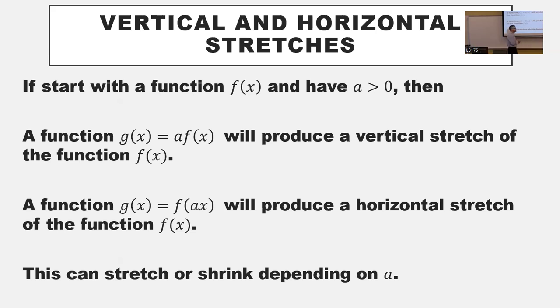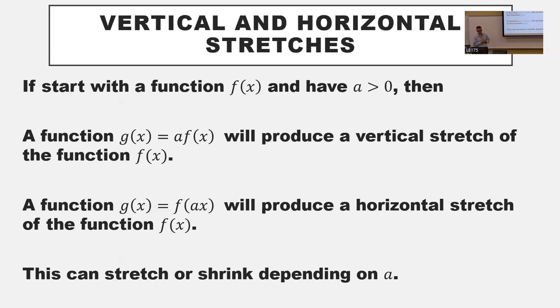So now that we've shifted horizontally and vertically, now we're going to start stretching things. I'll explain what I mean by stretching vertically and stretching horizontally in just a moment.